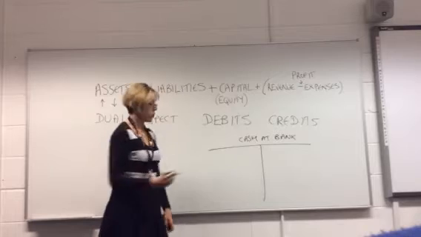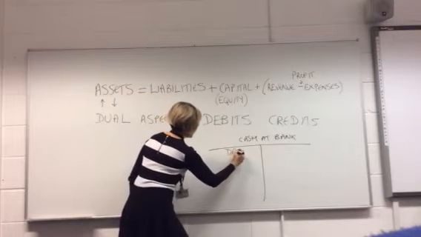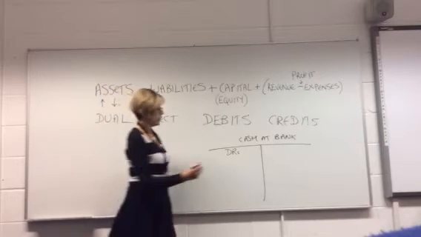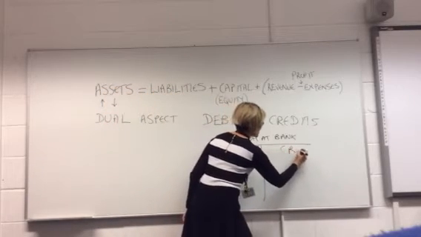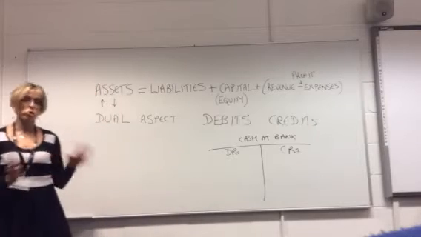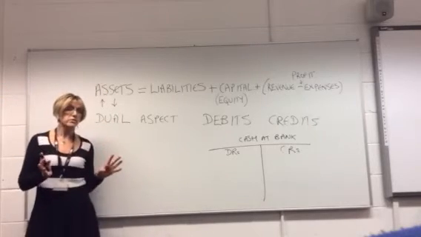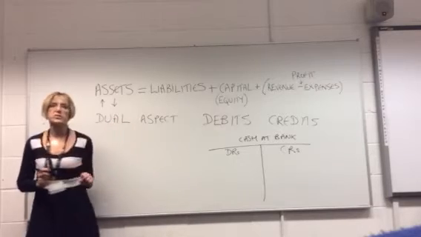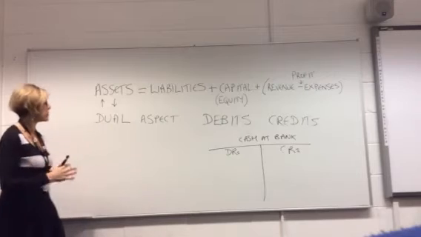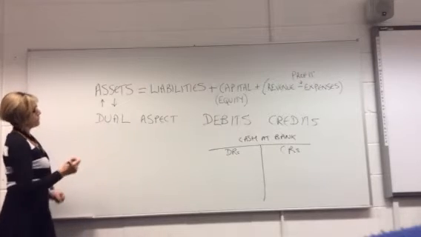The rule is that all the debits are always listed on the left-hand side, and all the credits are always listed on the right-hand side, and that will always be true. It doesn't matter what the account is. Debits on the left-hand side, credits on the right, and that's because as accountants, we like things to be regular and we like rules.